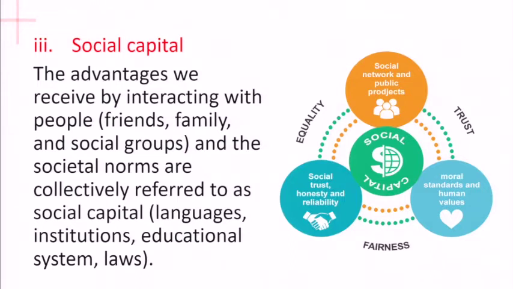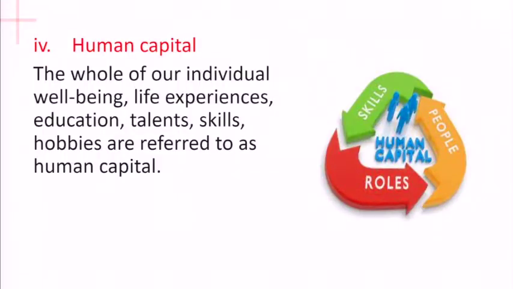All this comes into the social capital framework. Although it greatly contributes to our well-being as a whole, it is again difficult to attach a monetary value to the social capital.